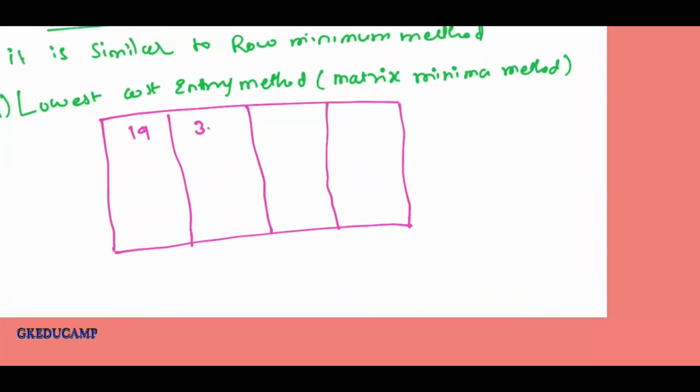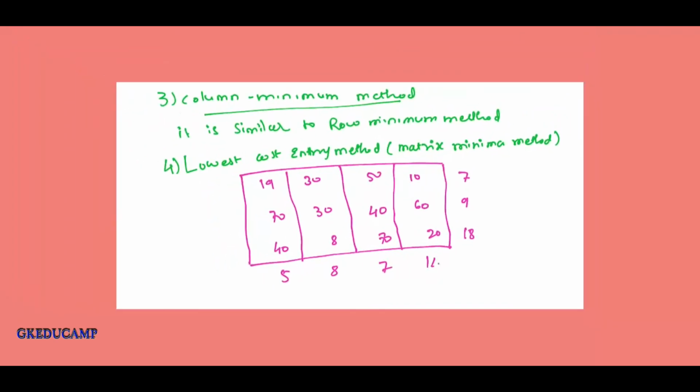30, 50, 10, 70, 30, 40, 60, 40, 8, 70, 20, 7, 9, 18 is the availability, and here requirements are 5, 8, 7, 14.